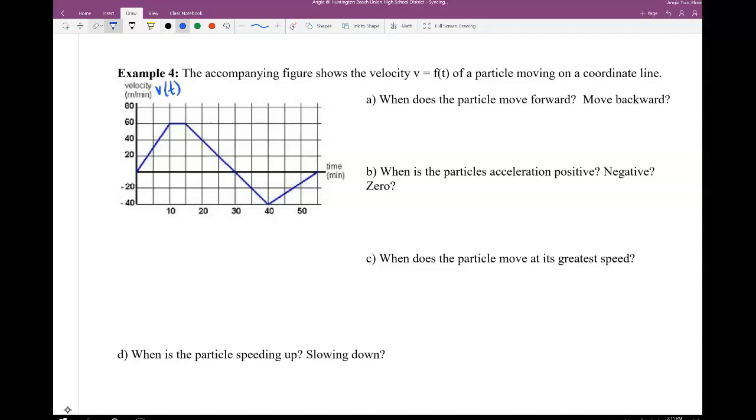V of t shows the velocity v equals f of t of a particle moving on a coordinate line. When does the particle move forward? So keep in mind that moving forward or moving right is when the velocity is positive. When does it move backward? Moving backwards is when the velocity is negative, okay?